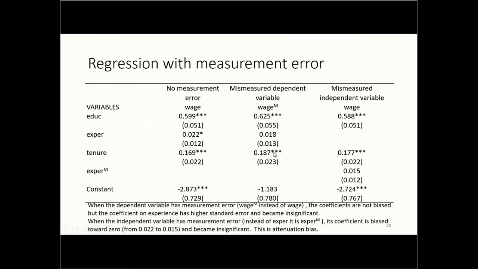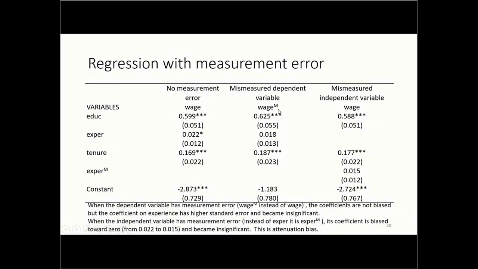So this is the original model where we have no measurement error. Wage is regressed on education, experience, and tenure, and these would be the coefficients that we see here. So again, we have some significance in the coefficients, and these are the values.